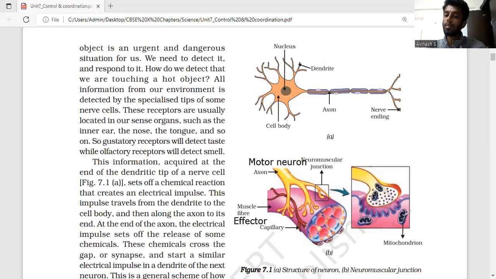And the muscle is able to move because of the energy that is stored in the mitochondria, as you all can see. So this is something that they are just trying to mention. The junction that is formed, the point of contact between the motor neuron and the effector muscle, is known as the neuromuscular junction. And here there is a lot of excitation of the energy that is being produced by mitochondria.